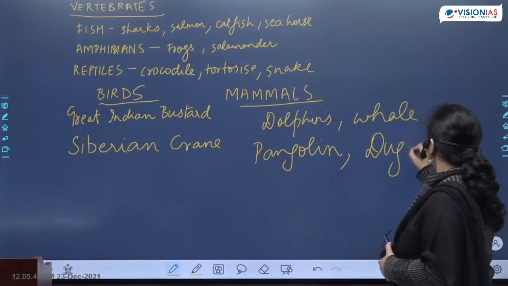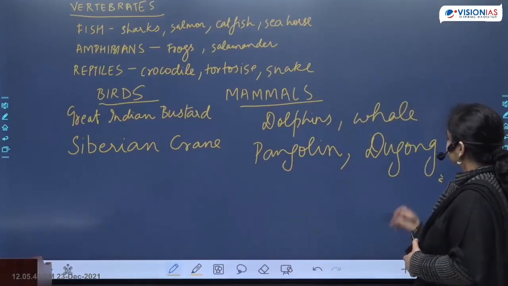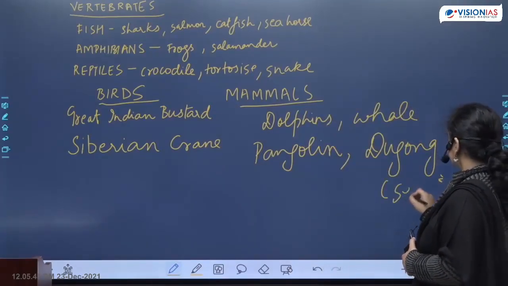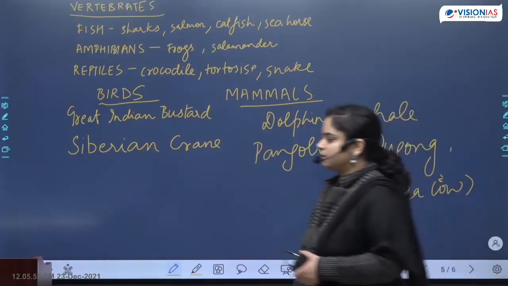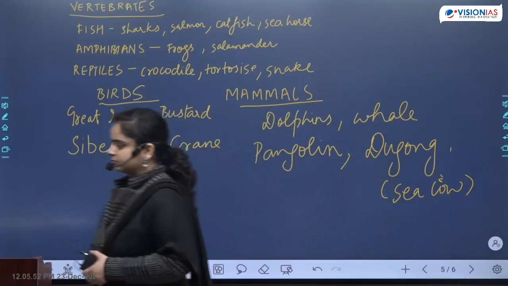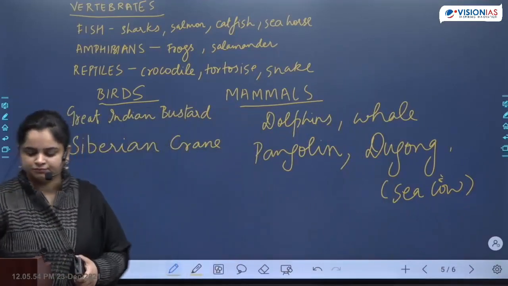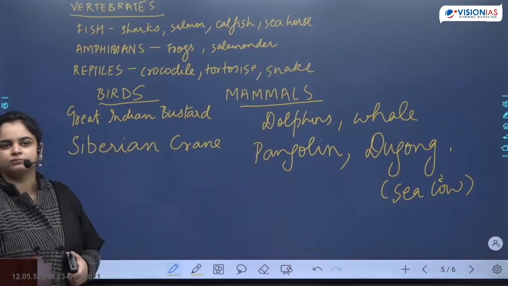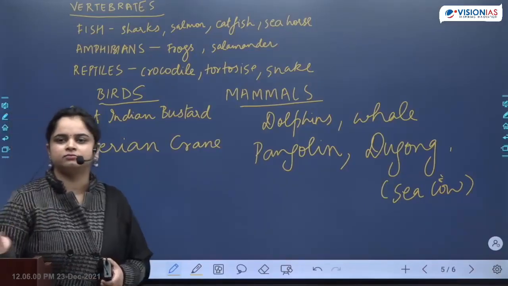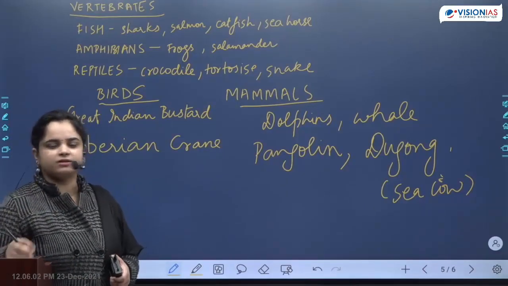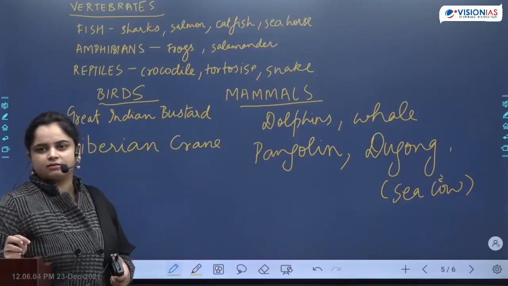Pangolin, dugong. Dugong is the sea cow which I was talking about. And of course, all other elephants, tigers, lions, everything is in this category.